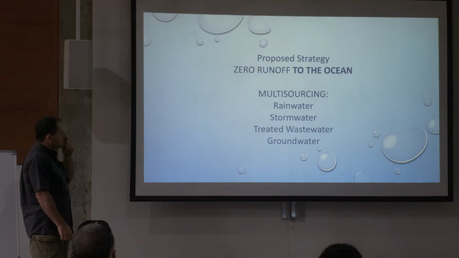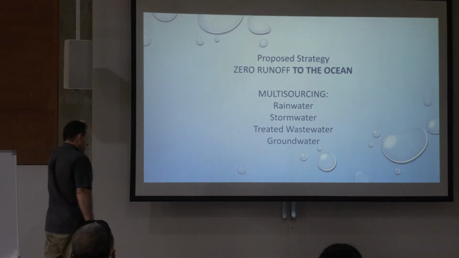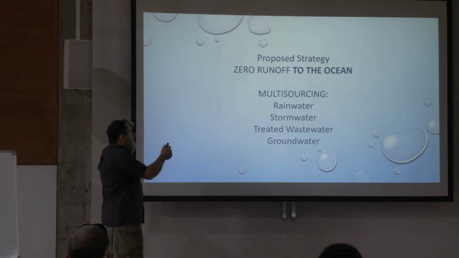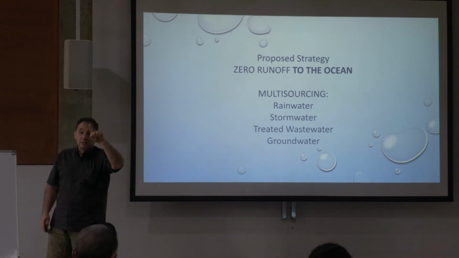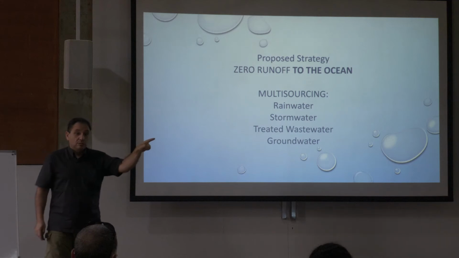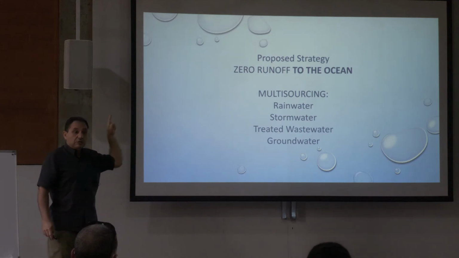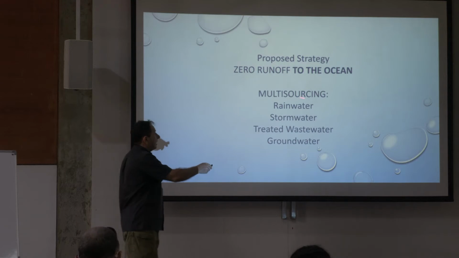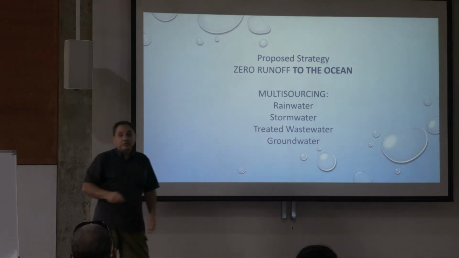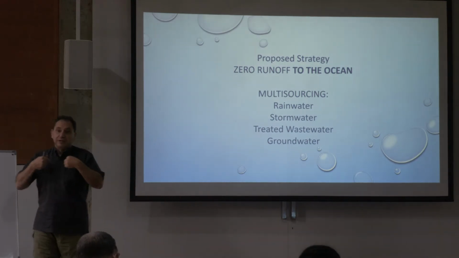Now, this is what we are coming to. The zero runoff policy is still valid, but we add to the ocean. The runoff is what is important today, because the runoff will allow the rainwater, the stormwater, to go where we decide it to go.